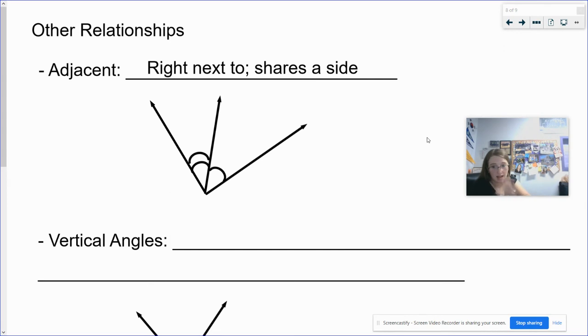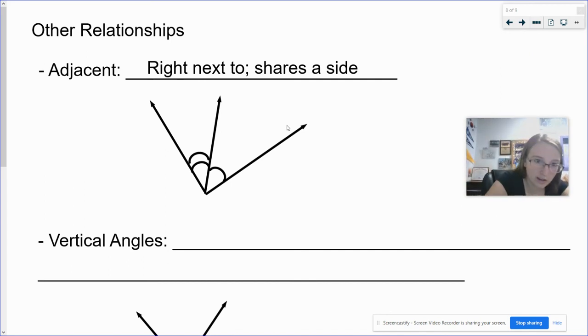So I don't share a side with the 200 building. We would call that opposite. If you guys know Miss Mercier, Mr. Shovestall, Miss Boyd, the ALC, that's what I'm pointing to. I'm opposite that building. I'm adjacent to the Ram Shack because we share a wall.